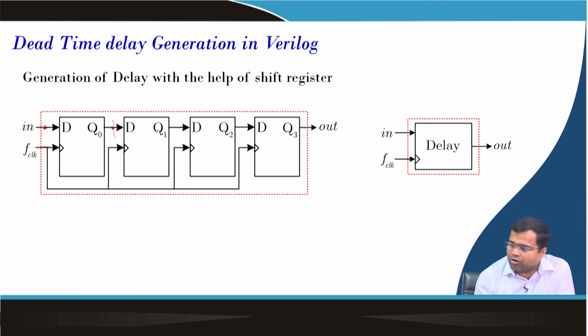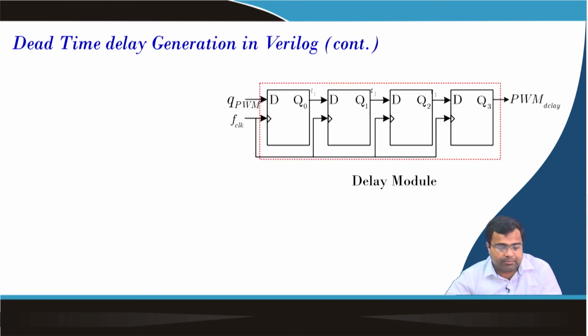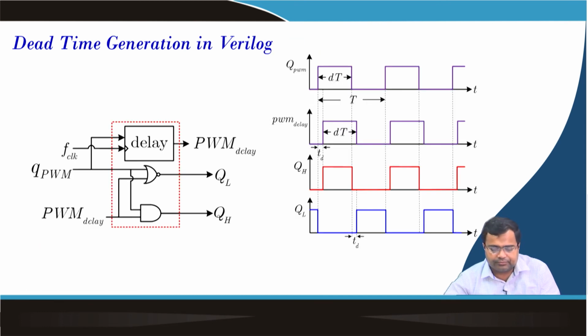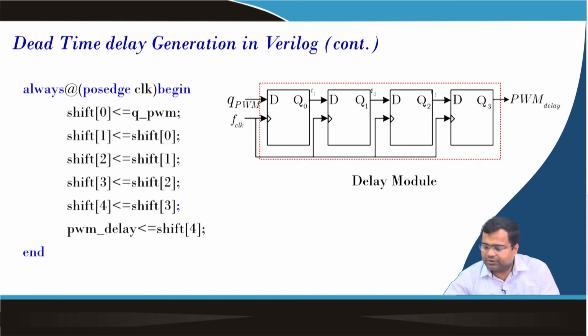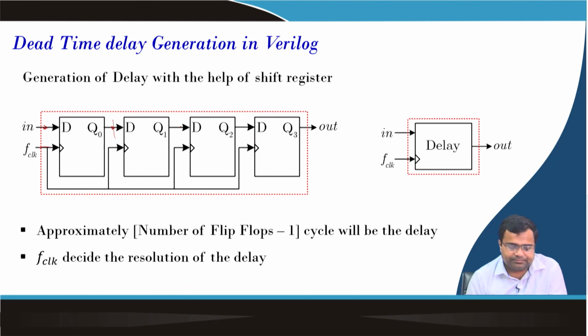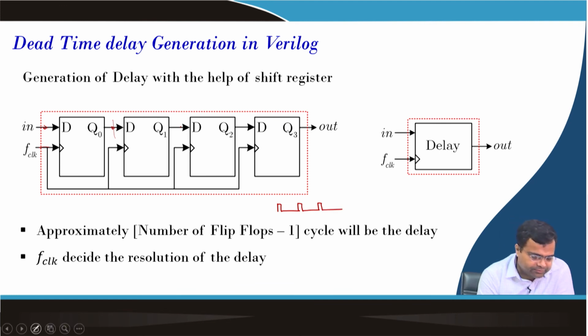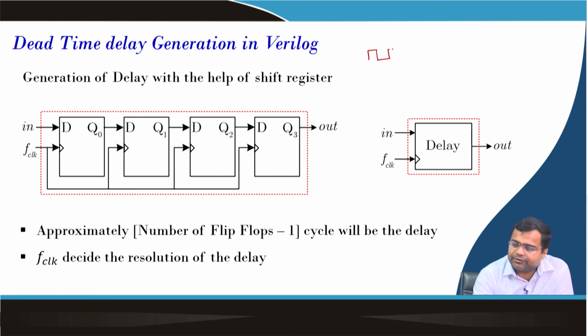Suppose we take this waveform, and suppose we have this clock frequency, so this is the f clock.